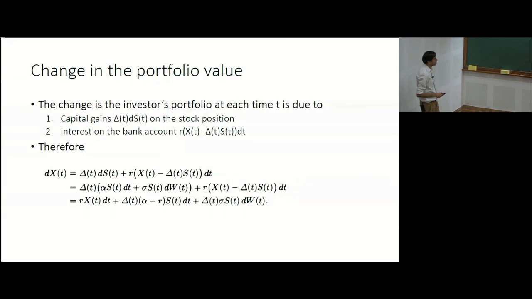So this is from the bank account process. This is because of the stock process, and this is the noise in the stock term, right? So this is the rate at which the risk-free thing would grow. This is the rate at which the risky stock will grow, and this is the noise term in the portfolio, right? So this is what would be the change in your portfolio.